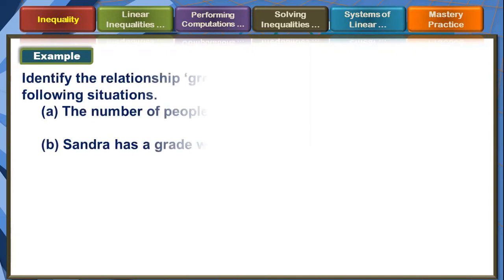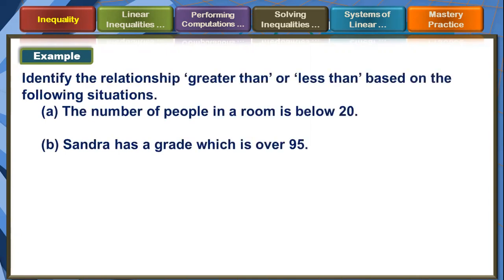So let's have another example wherein we can apply inequality. For example, you were asked to identify the relationship, greater than or less than, based on the following situations. You can describe it as greater than or less than. For A, the number of people in a room is below 20.